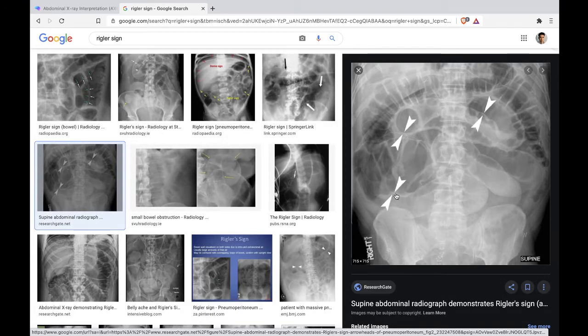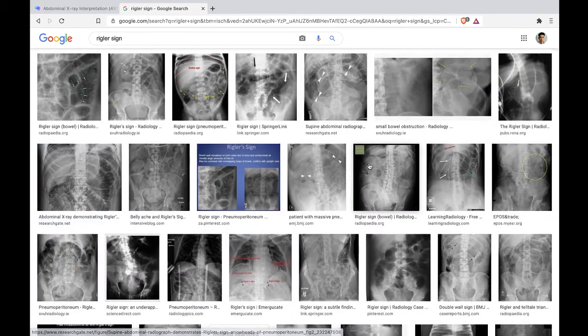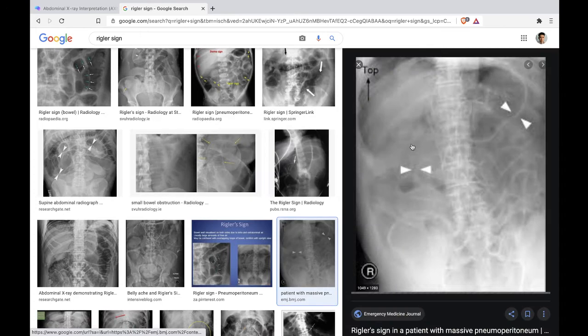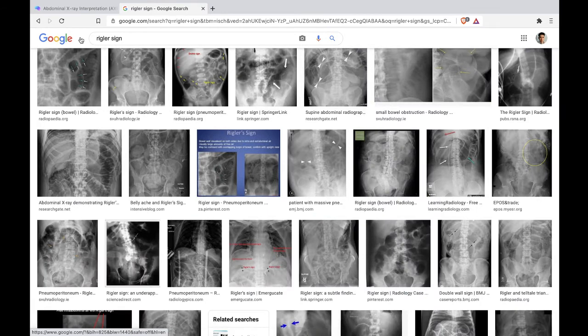So this is your intestinal wall. Usually you wouldn't be able to see this side so clearly. Being able to see both sides of the wall signifies the Rigler's sign. Let's look at this one. Is it not going to load anymore? Okay. So this is the Rigler's sign.